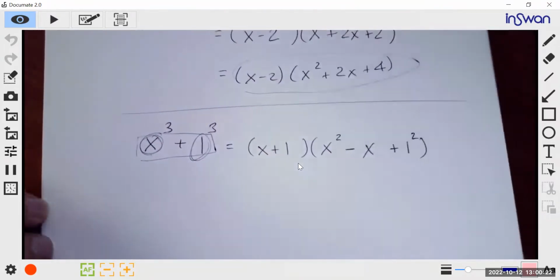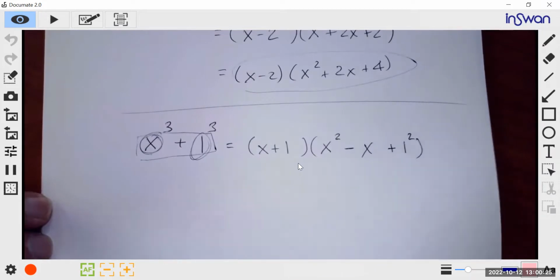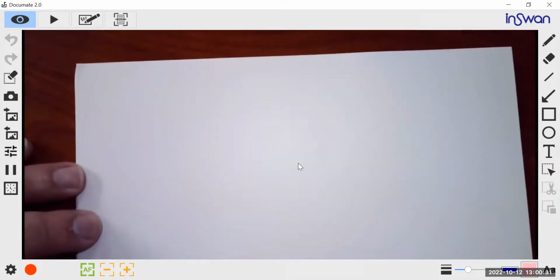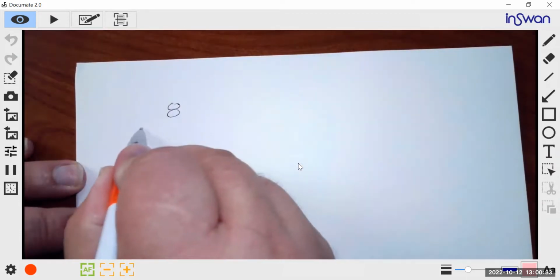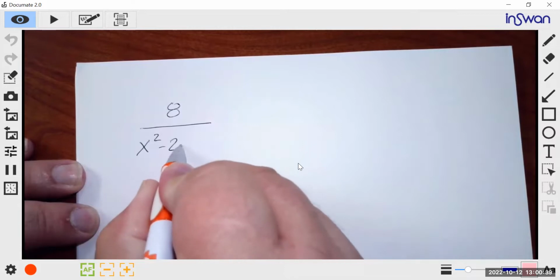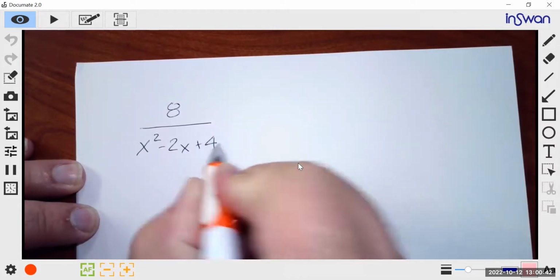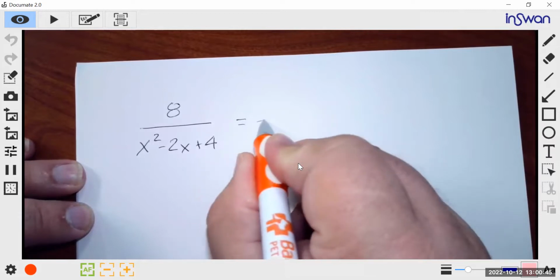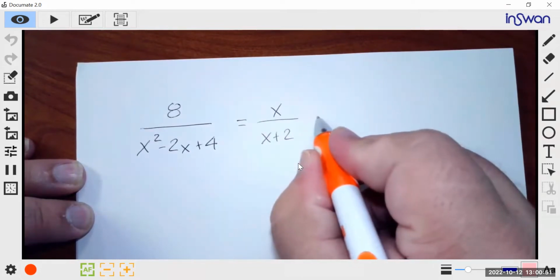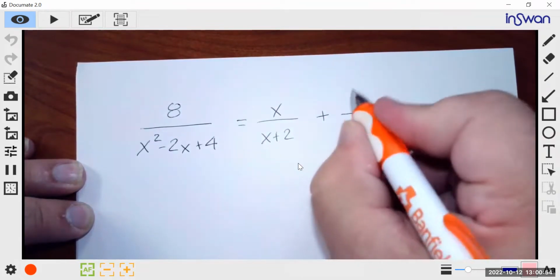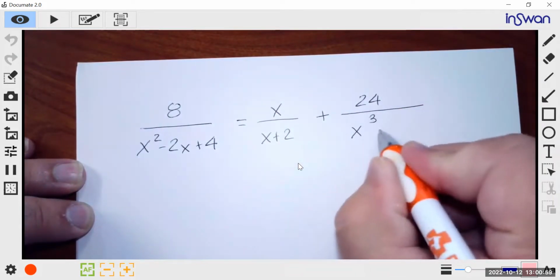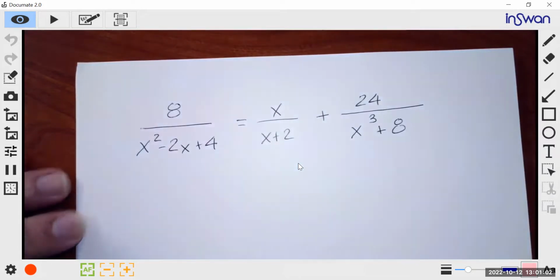The reason I showed you this is because obviously you know it's going to be an example with that. x or 8 over x squared minus 2x plus 4 equals x over x plus 2 plus 24 over x cubed plus 8.